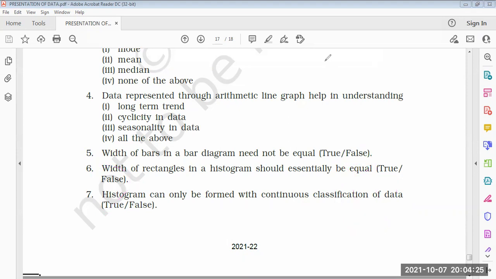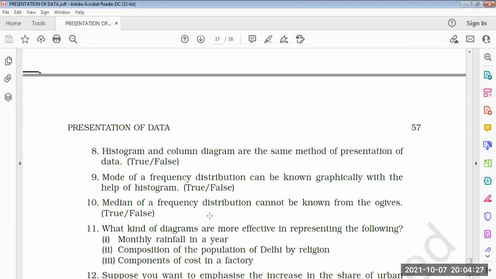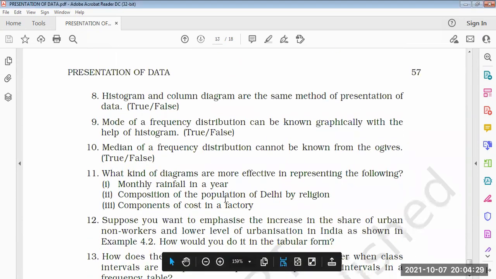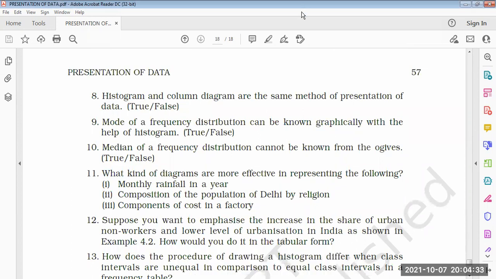Next, histogram and column diagram. Column diagram means what? Column diagram means nothing but bar diagram. Another name it is. Histogram and bar diagram are the same method of presentation of data. Is it true? No, sir, false. It is false. They are different. There is at least a minute change in a new method. Please remember.